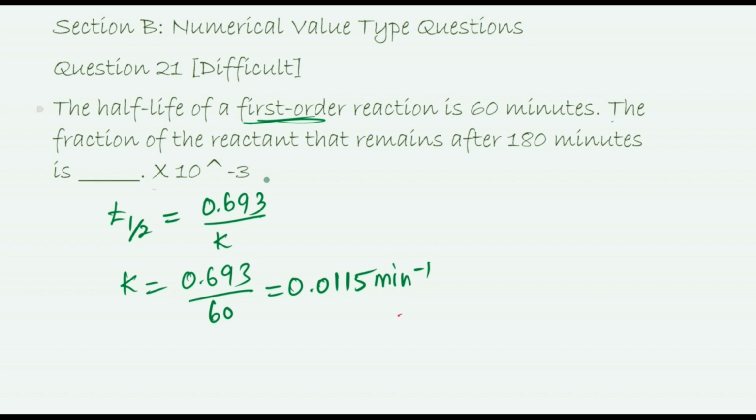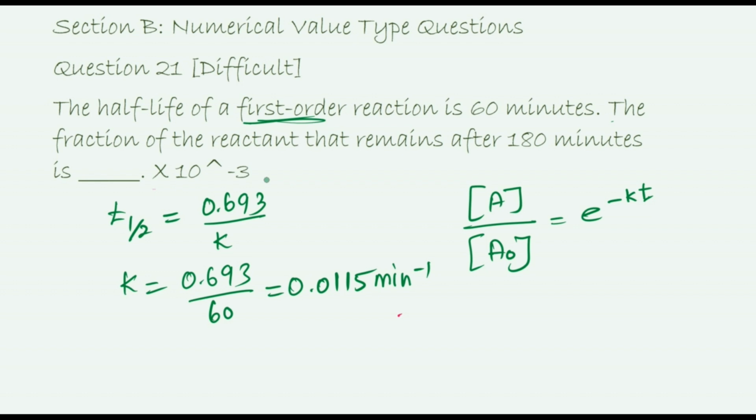So what they are asking is the fraction of the reactant. So A by A naught is equal to e to the power minus kt, right? So we are going to just substitute the values over here.